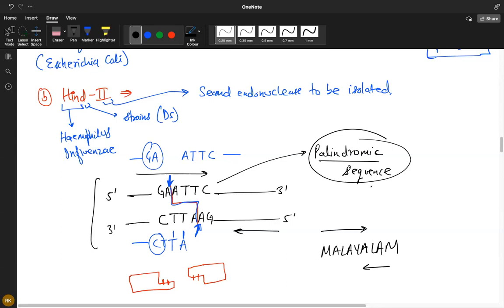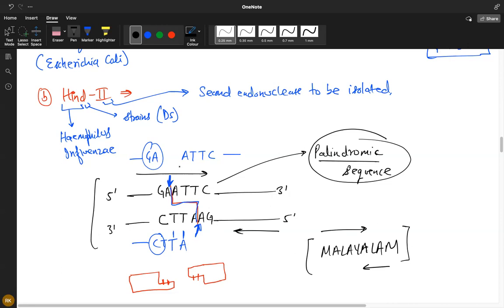So these kinds of sequences are called palindromic sequences. There are palindromic words as well, like Malayalam. No matter from which direction you read it, the same letters come in the same order, right? Yes.